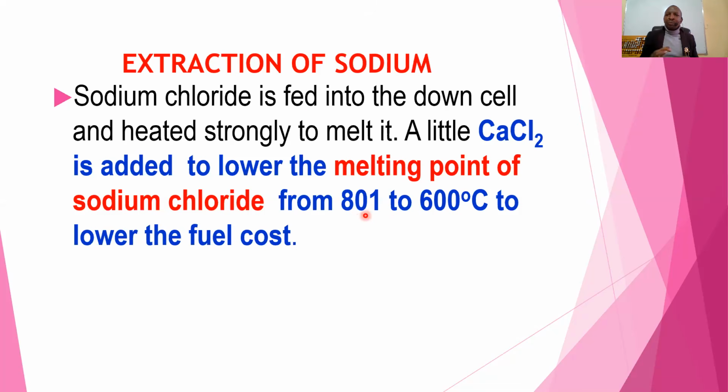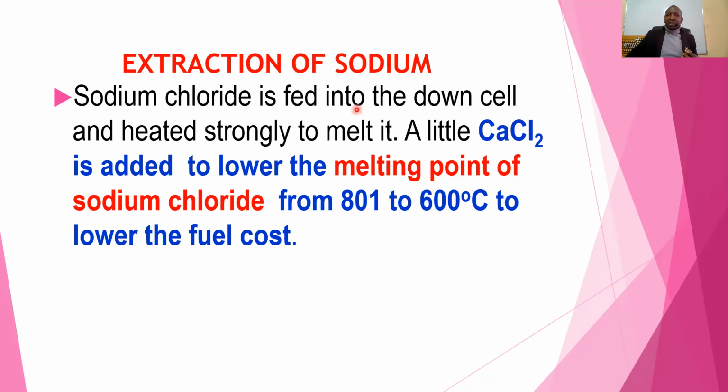Don't just say it is to lower the melting point. That is a very general statement. It is not scientific. Remember, scientists are very precise. So you have to tell us the role of the calcium chloride is to lower the melting point of sodium chloride, not just lower the melting point, because that does not make a lot of sense.